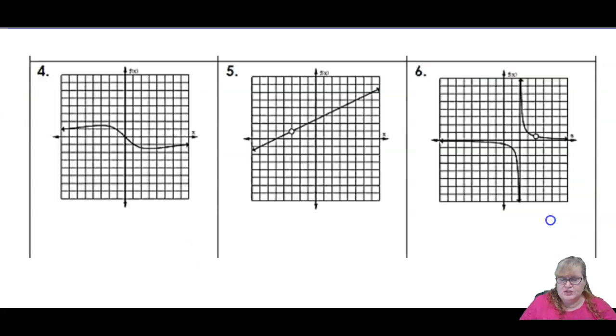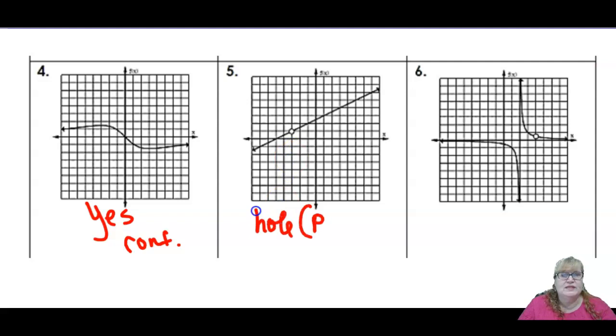Just a couple quick more here. This one goes left to right smoothly, so this is continuous. This one has a hole at 1, 2, -3, or a point discontinuity or a removable discontinuity.